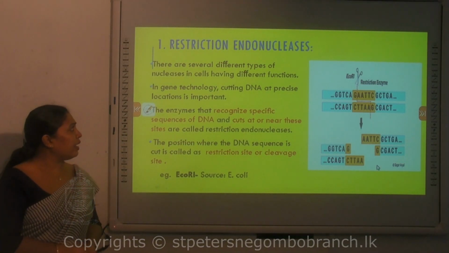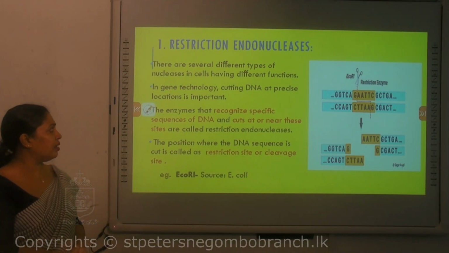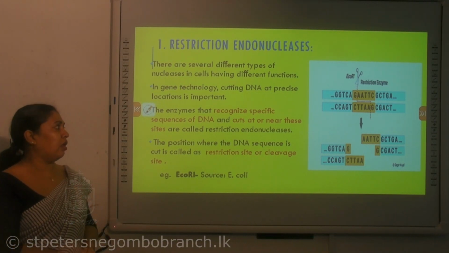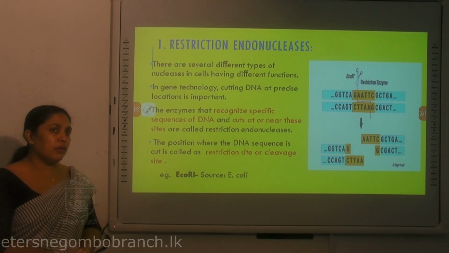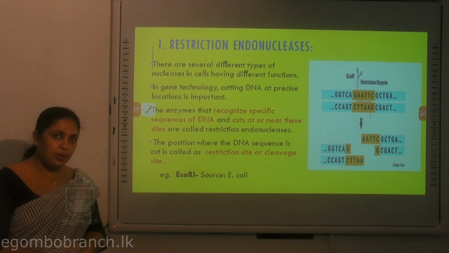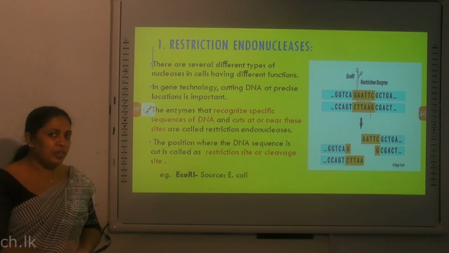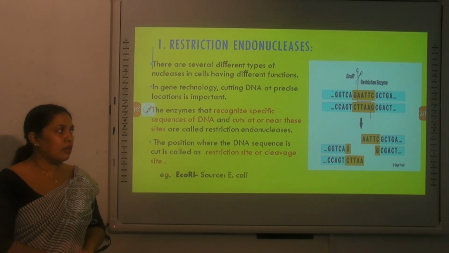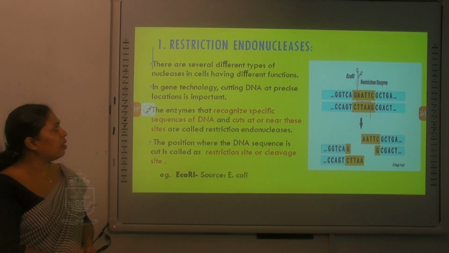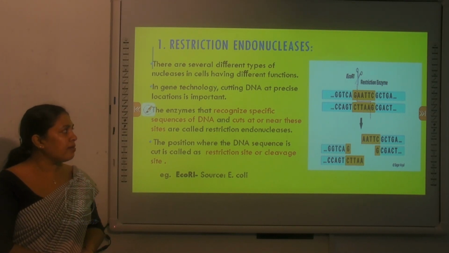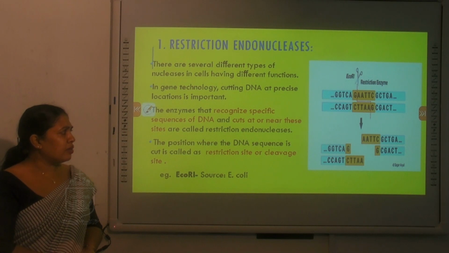Restriction endonucleases: endonucleases means they are cutting the DNA. In some procedures, such as cloning, we have to cut DNA at particular precise sites, and in that case we are using these restriction endonucleases, simply known as restriction enzymes.